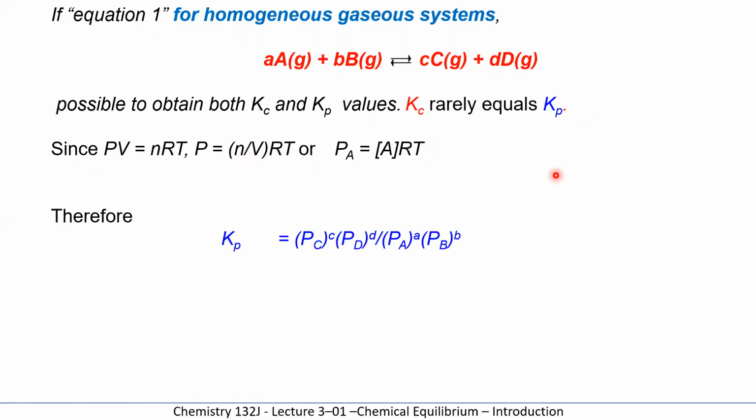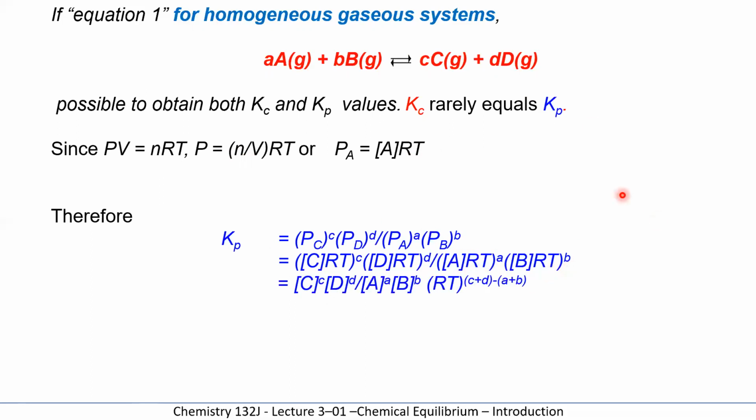Therefore, for Kp, again, we can use the equilibrium expression and get a mathematical relationship. We can replace the pressure of C with the concentration of C times RT, to the power c, and the concentration of D times RT to the power d. Similarly, for A and for B, we can mathematically do the same thing.